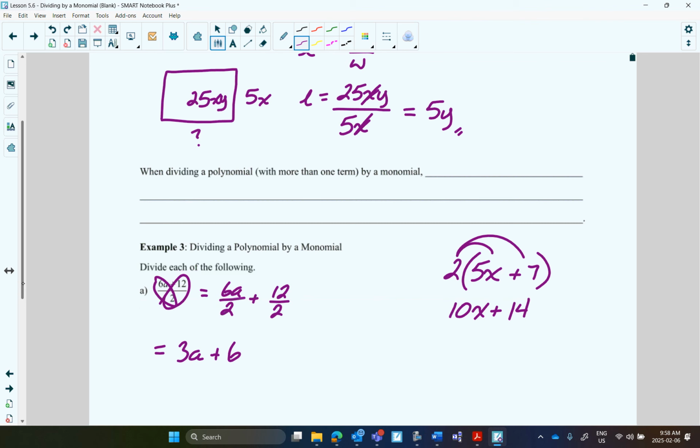So when we divide a polynomial, more than one term, by a monomial, divide each term on top by the expression on the bottom.